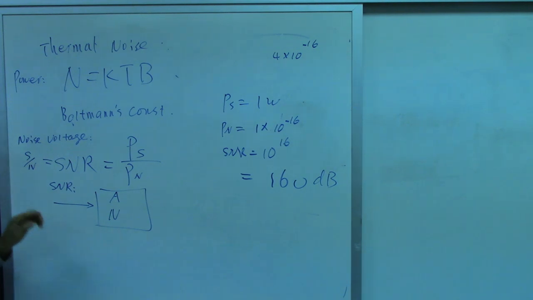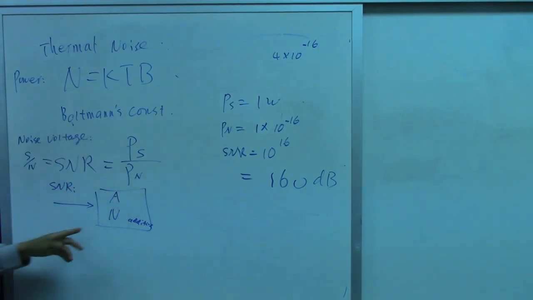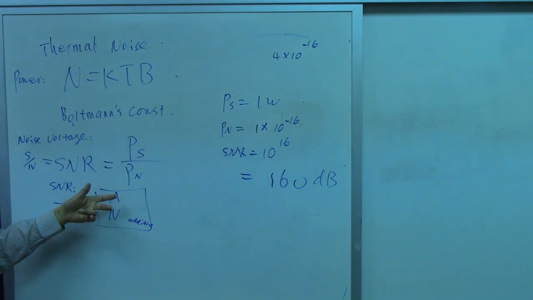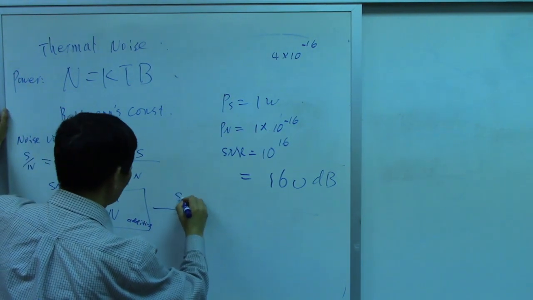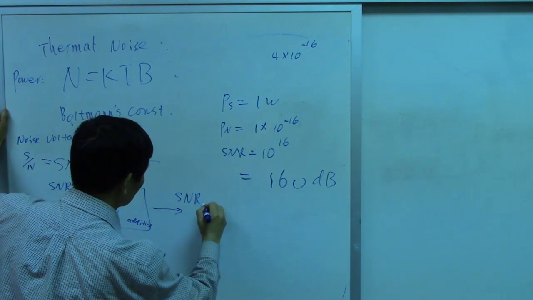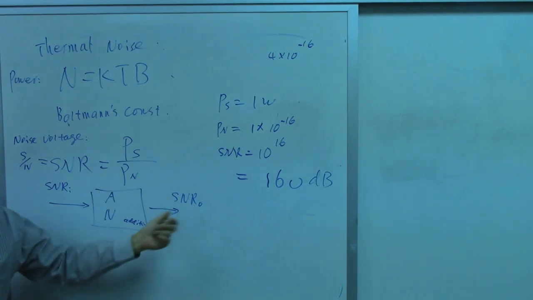This is called additive. Additive noise means this power will be just added to this, not multiplied. Right? And then at the output we are going to have a signal to noise ratio at the output. We want to derive the relationship between these two signal to noise ratios, the input and the output.